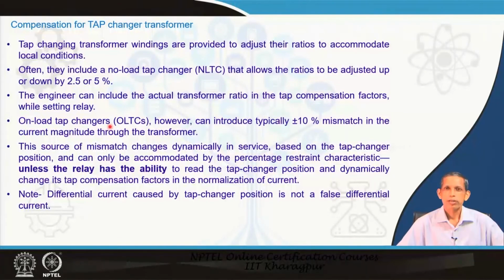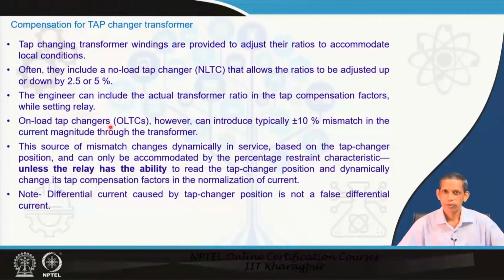Then the on-load tap changers. This is more challenging. On-load tap changers mean that during different situations in operation of the system, the tap position changes and thereby the corresponding differential current is expected to be high even though there is no fault.